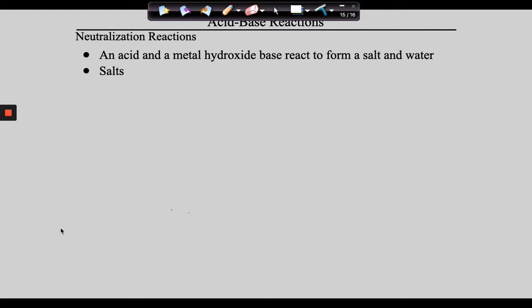So what does this chemistry then look like? Well, the cation in a salt always comes from the base, and the anion for a salt always comes from an acid. This is going to be very important in February. I don't expect you to remember, but a little foreshadowing.